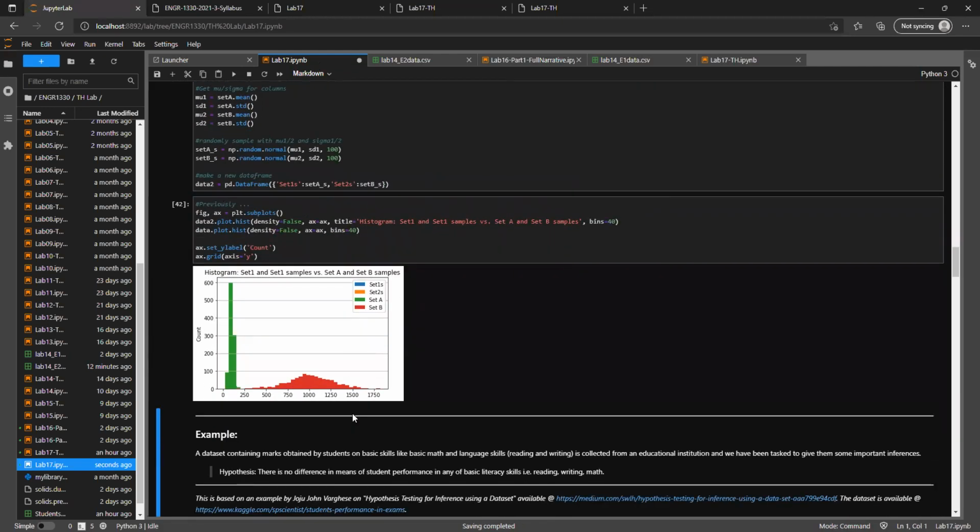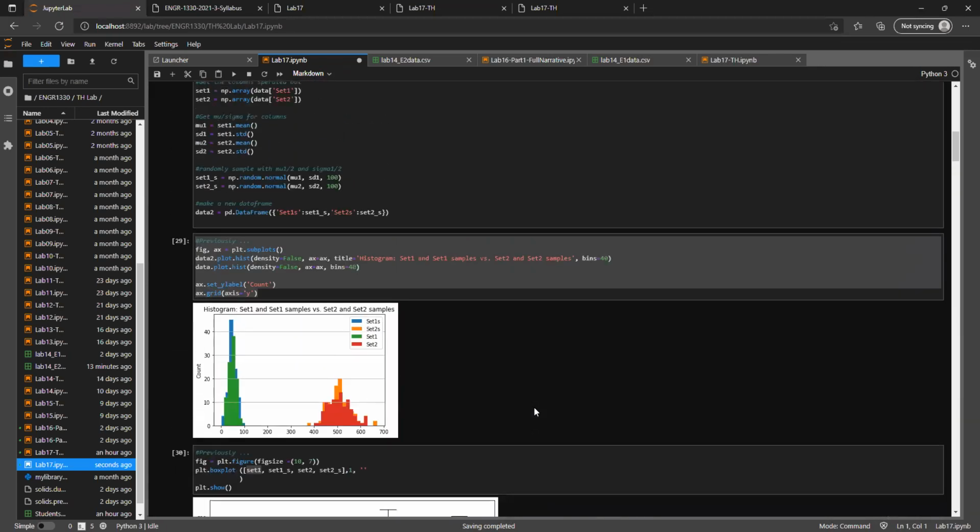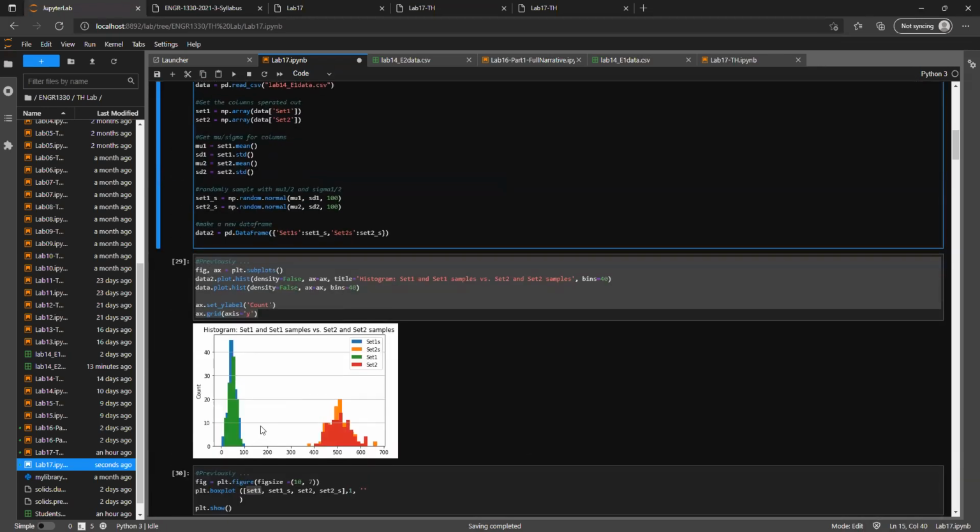All right. Now, what we're seeing here is the same kind of thing we were looking at before, which would be this. So we had 2 sets of data, set 1 in green, set 2 in red, and our random samples in blue and orange respectively.